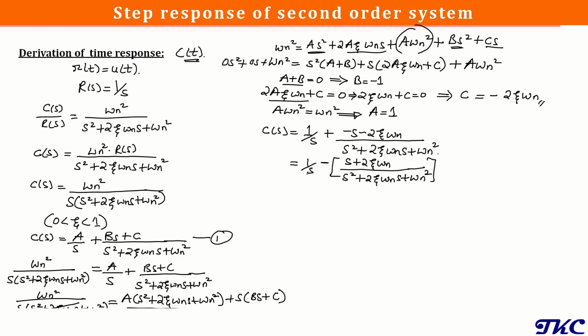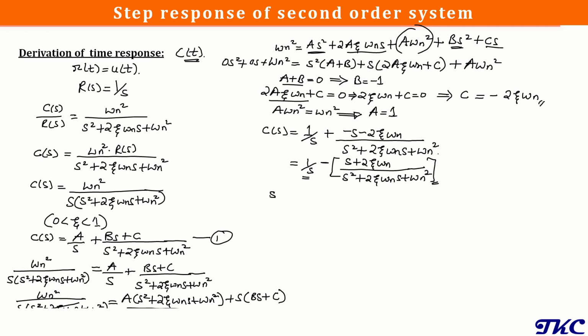Now we can easily take the inverse Laplace of this term, but we cannot apply the inverse Laplace to this expression as it is. So let's simplify it further. What we can do is try to make this denominator a whole square. So let's treat this denominator separately and try to make it a whole square.